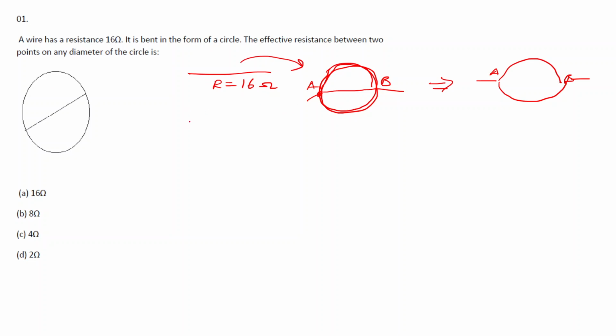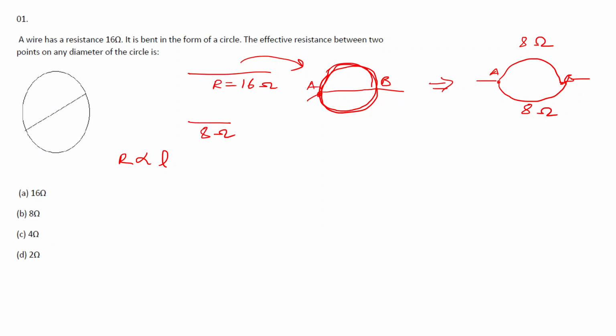That means half the wire's resistance will be 8 ohms, since we know resistance is directly proportional to length. So this one part has 8 ohm resistance, and this other half part has 8 ohm resistance. Now we need to find the resistance between point A and point B.